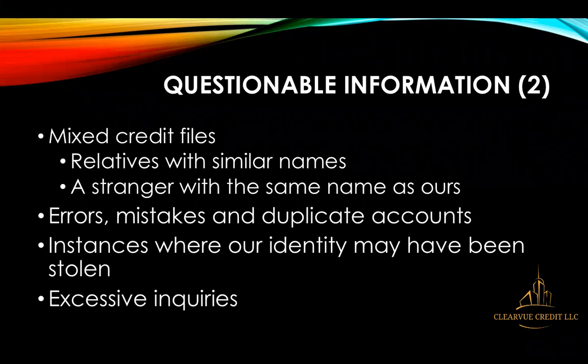It also includes mixed credit files. These are accounts that include relatives with similar names or even a stranger with the same name as ours. Questionable information also includes errors, mistakes, and duplicate accounts, instances where our identity may have been stolen, and excessive inquiries.